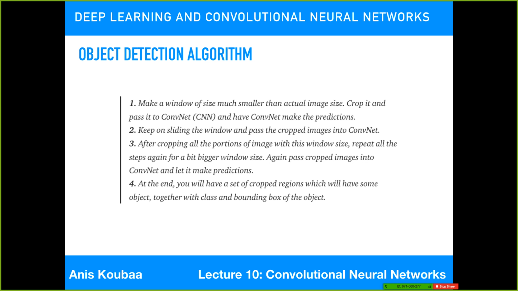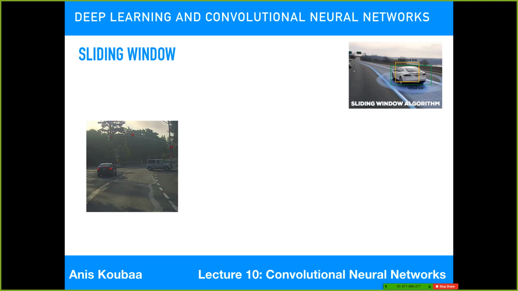After cropping all the portions of the image with this window, repeat all the steps again for a bigger window size, because maybe this window size is very small or very big. So we will try different sizes of windows, and every time we do predictions. At the end, you will have all cropped regions which have some object, together with the class and bounding boxes of the object. Okay, so this is the process. Imagine that you have an image like this.